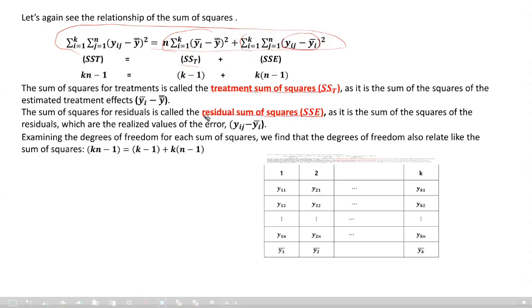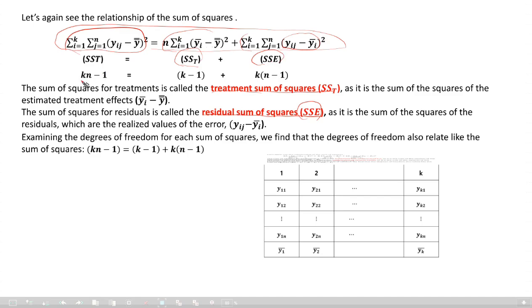But instead of R, we use SSE, the error sum of squares. And what is this? The total sum of squares, SST. So in this one-way ANOVA, the total sum of squares equals the treatment sum of squares plus the error sum of squares. These are what we call the relation of sums of squares.